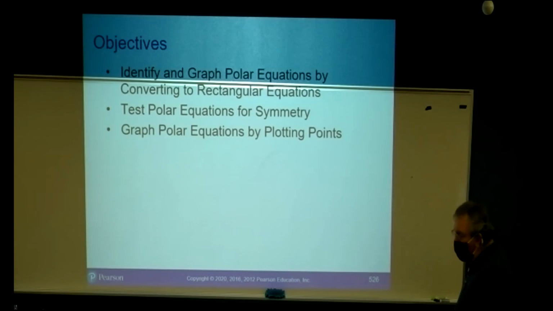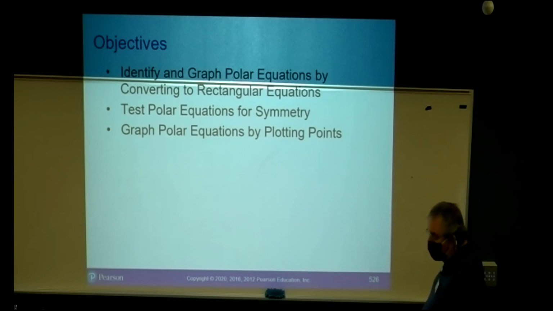Plotting points to graph polar equations is generally the easiest way to go. On a test, I will need to see the work of finding those points: picking an angle and putting that into the equation to find out what r is for that angle. And then testing for symmetry. It's useful, but not necessary.